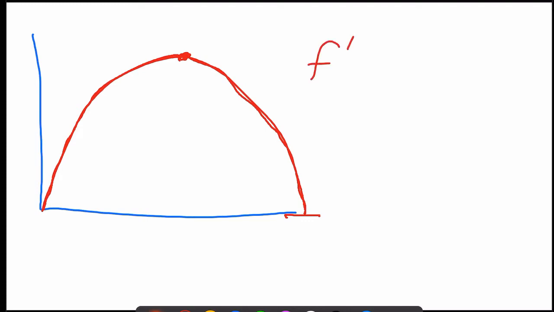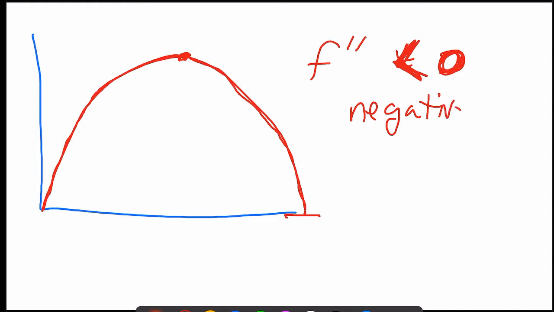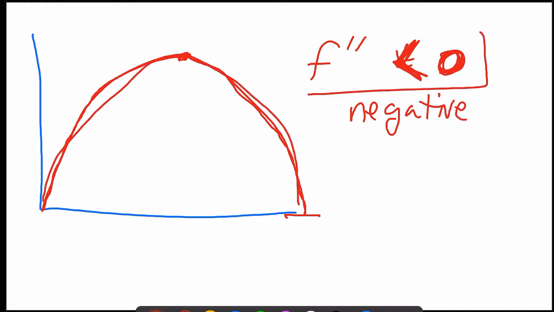So second derivative is less than 0. I was going to write equals negative, but you know what I mean. It's negative. The slope is positive, the slope is negative, but the second derivative is always going to be negative. It's going to be below 0.